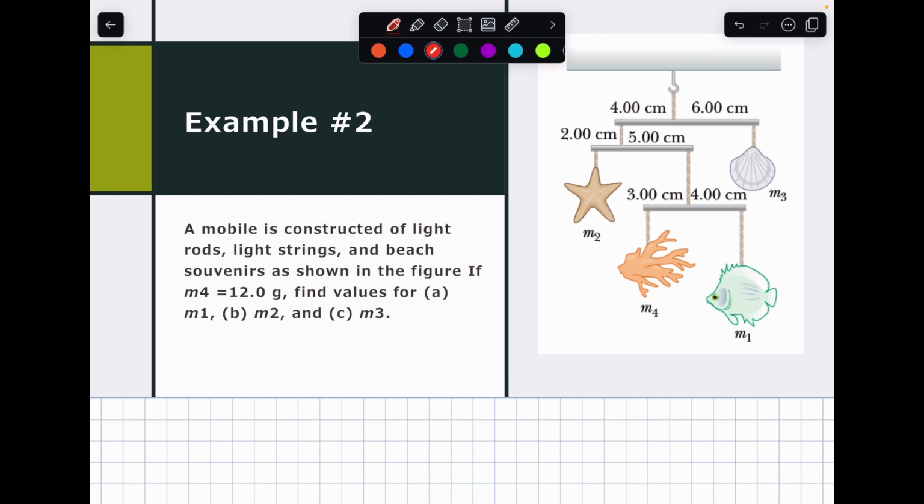There is no weight given for the rod, so we treat it as 0.